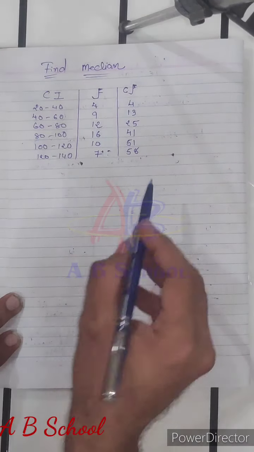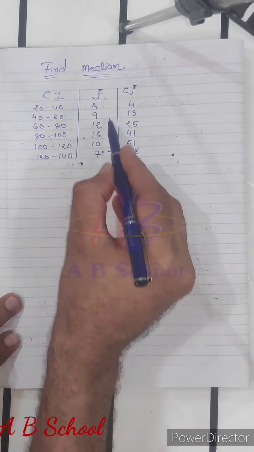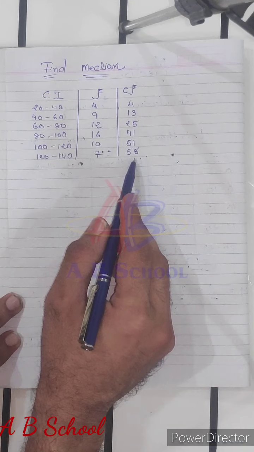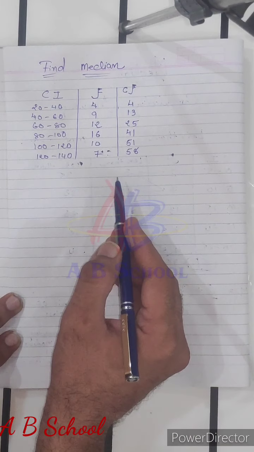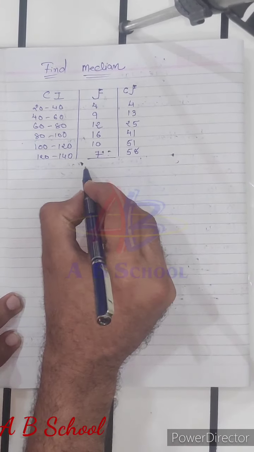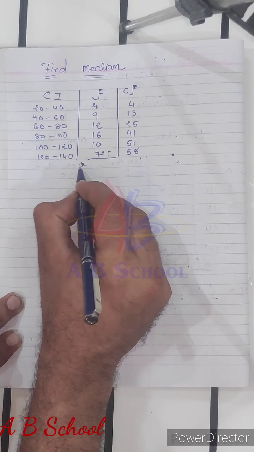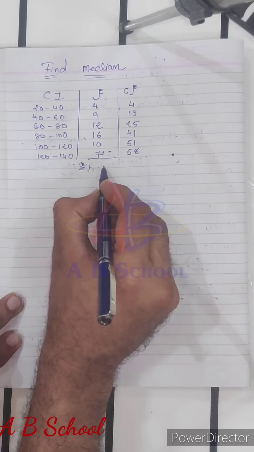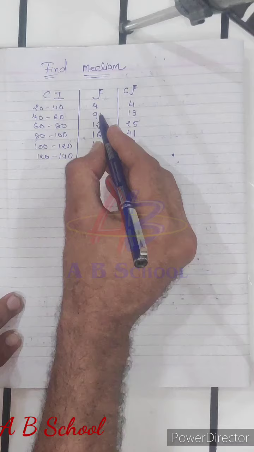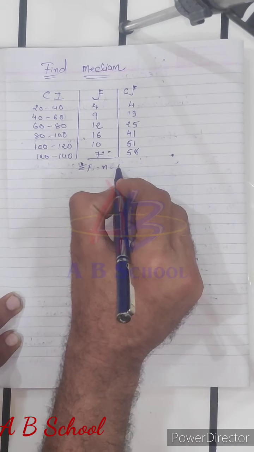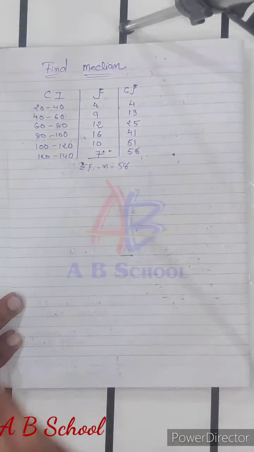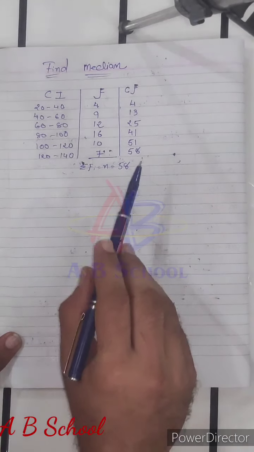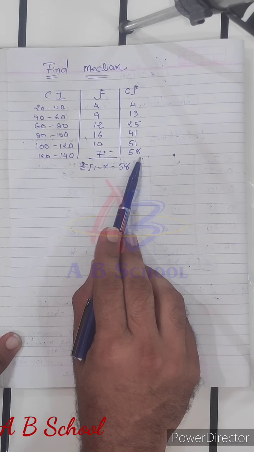I'll check one more time by adding all the frequencies. That should be equal to 58. So N, or summation Fi, is equal to 58, and that is correct. So I have obtained the cumulative frequency.